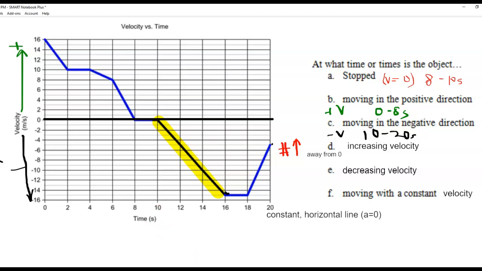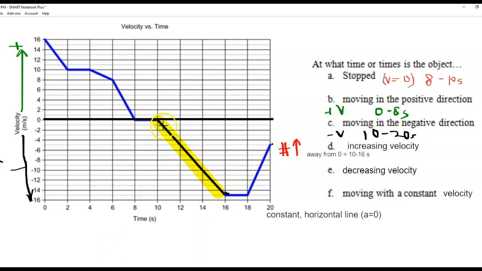It's away from 0 for, it looks like, 10 to 16 seconds. So that's the only time the actual line moves away from 0.